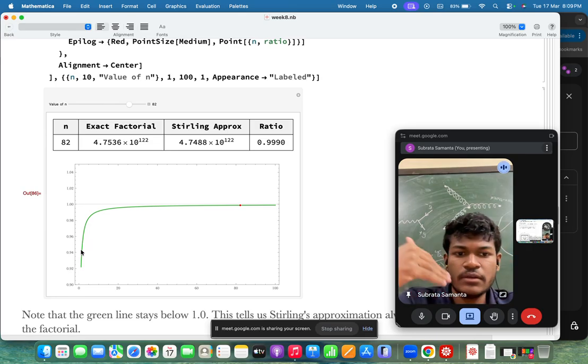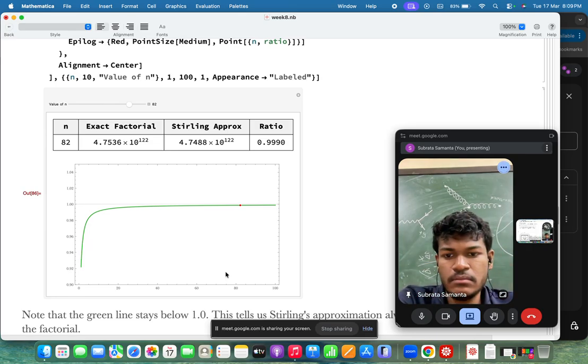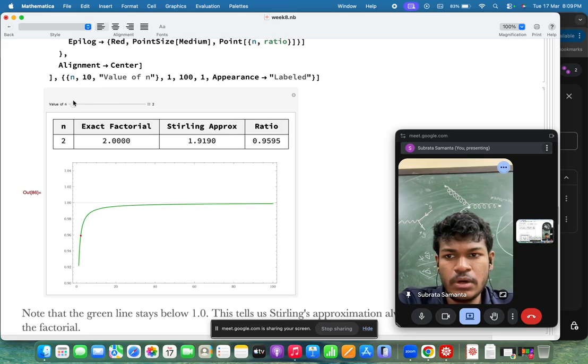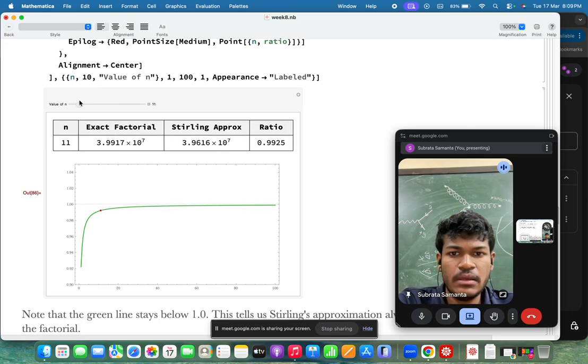So, see here, your ratio is 0.92, which is very different from 1, and once you increase n from 1 to 2, it rapidly increases, but still not within the accuracy.